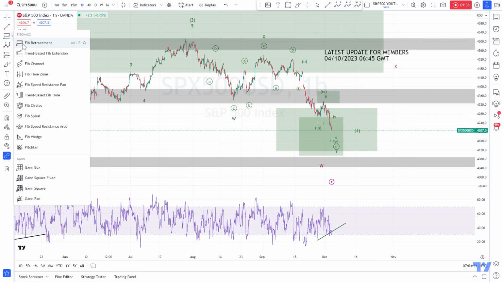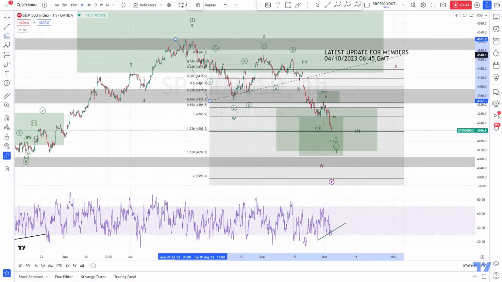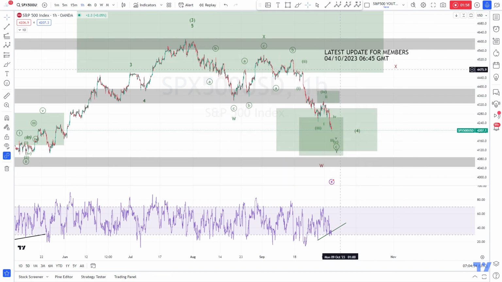If we take the length of the wave W and the length of the wave X, then the area between the 1 and the 1.618 FIB extension is the area of our wave Y. So we are at reversal areas.